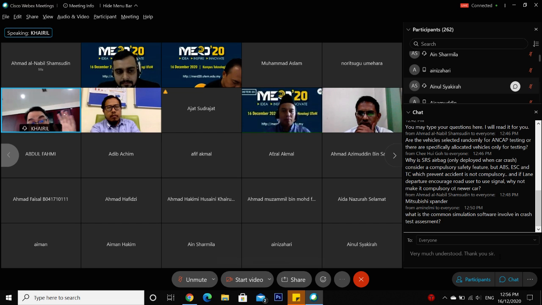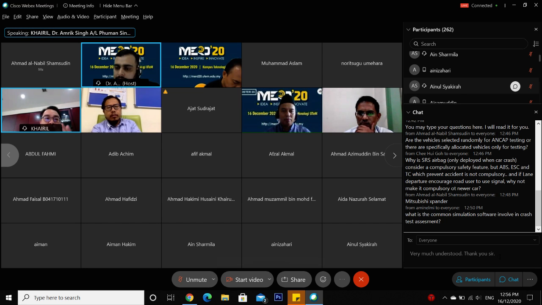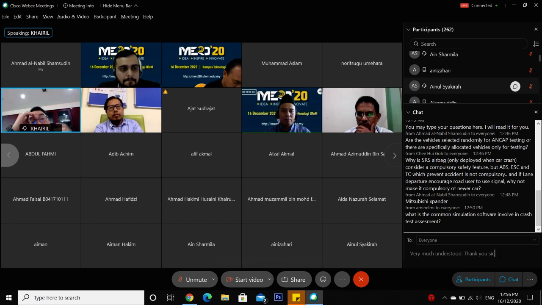NCAP is not regulation. NCAP is a consumer assessment approach. This is between safe and safer. The definition of safe is whatever the Road Transport Department has approved. I'm talking in the Malaysian context now: whatever car you want to register here, you have to pass the vehicle type approval. Vehicle type approval has lesser requirements compared to NCAP.